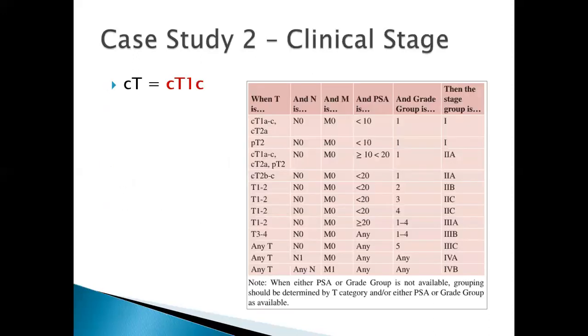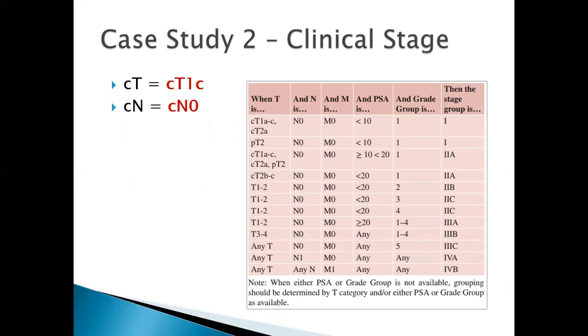So when we assign the clinical T, it's a clinical T1C. The patient had a normal DRE, but biopsy was positive. The patient had no indication of lymph nodes being positive, so it's a clinical N0.